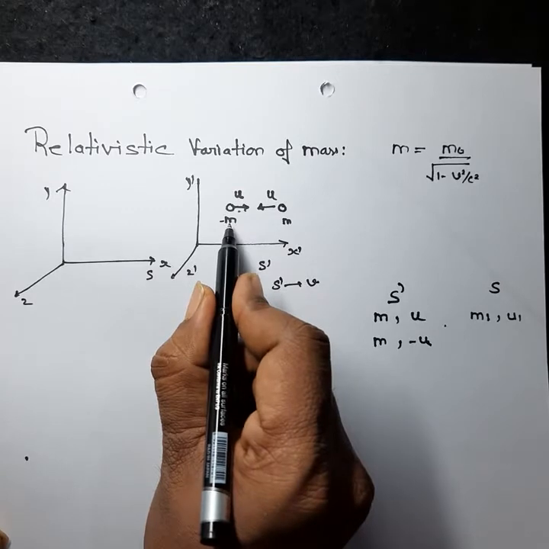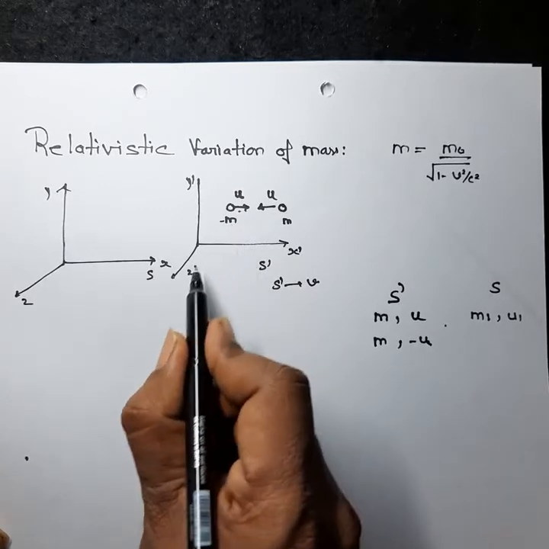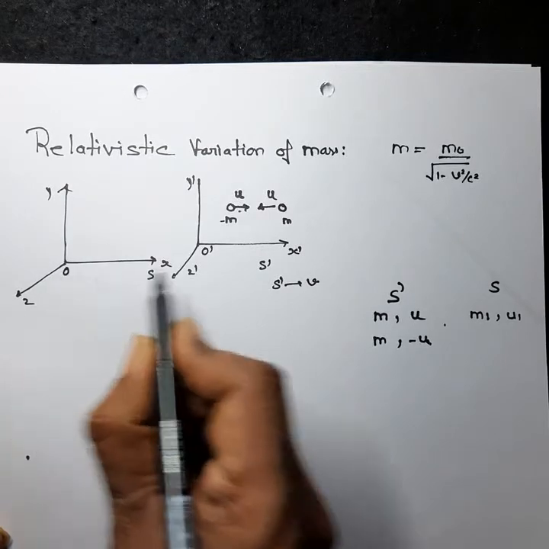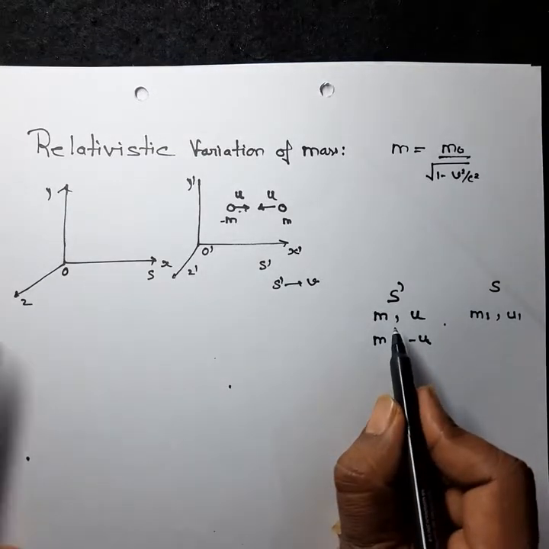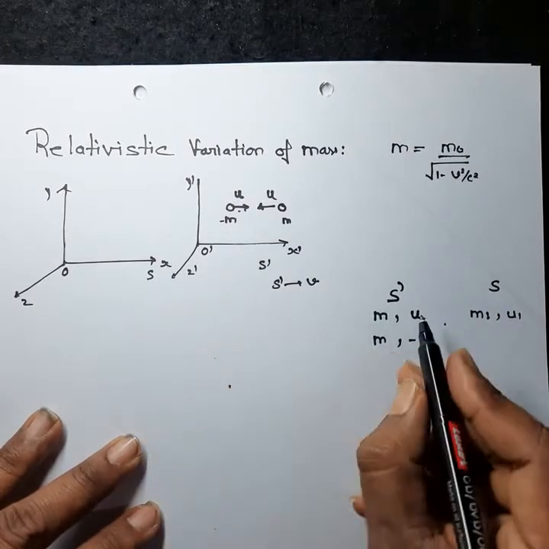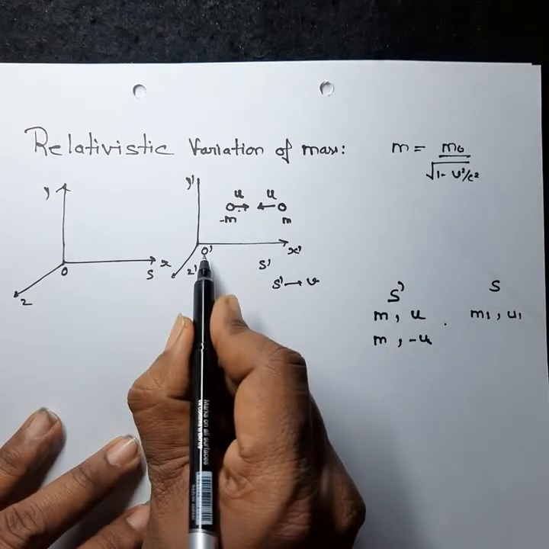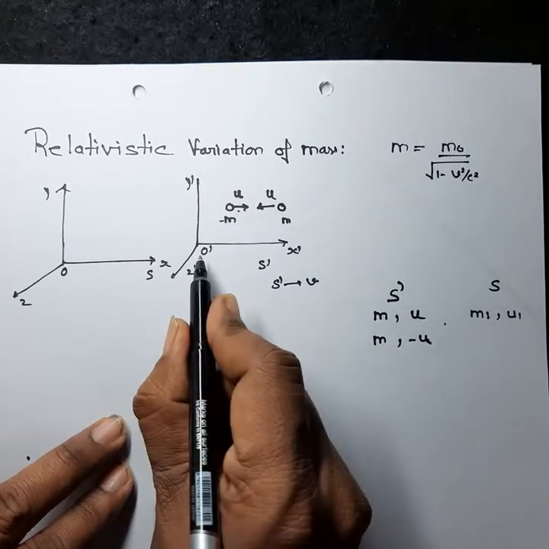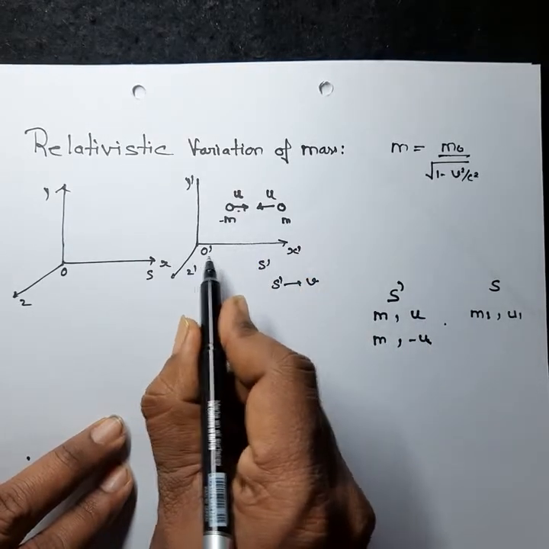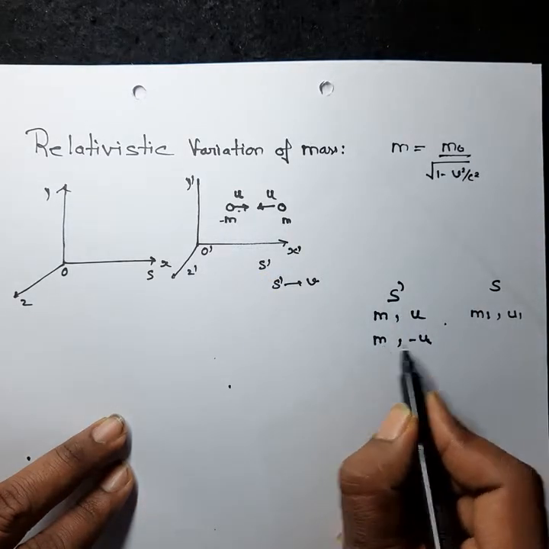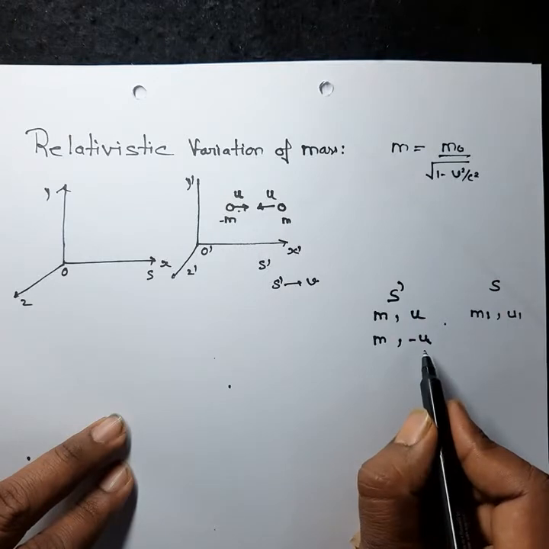I am taking m as the mass observed by O dash. This is observer O. So O dash notes its mass m and velocity u, and it also notes the second mass m and its velocity minus u.